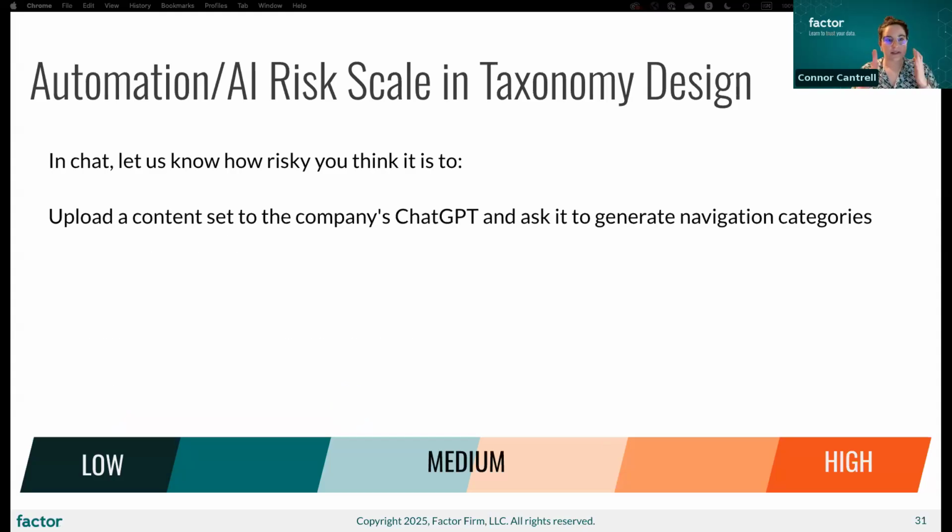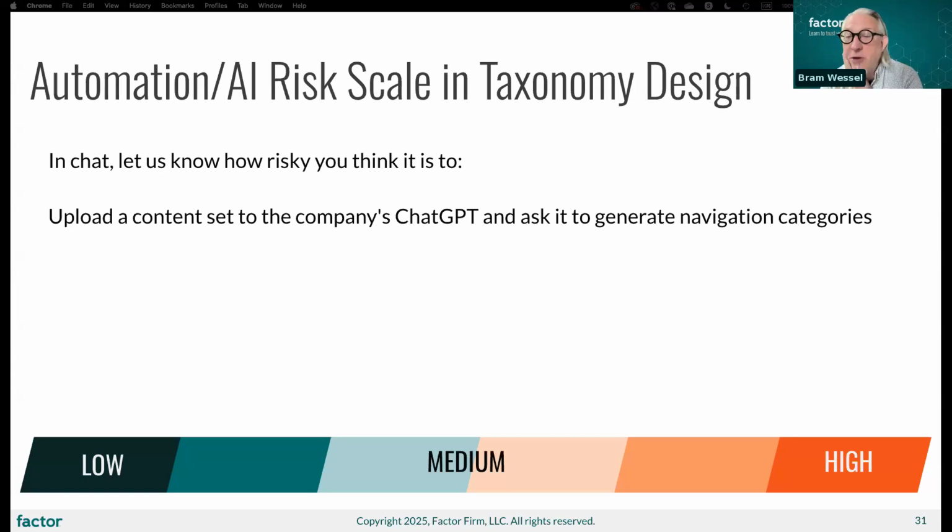Okay, so our final example here, how risky do you think it is to upload a content set to your company's ChatGPT and ask it to generate navigation categories? Low, low.